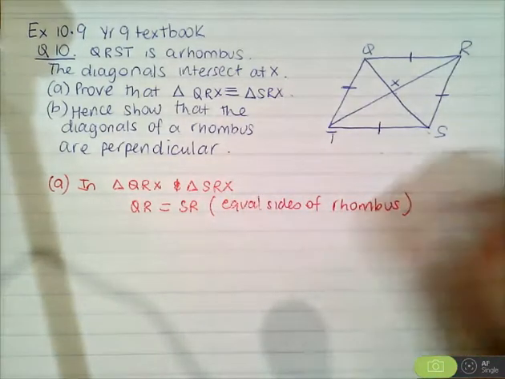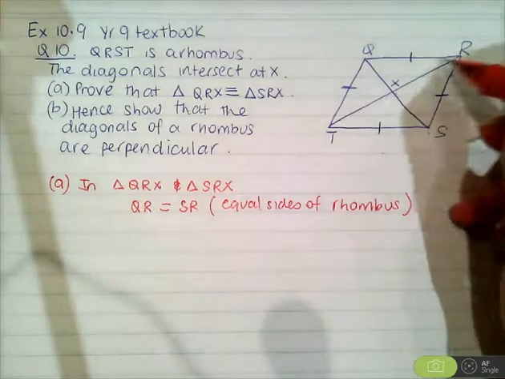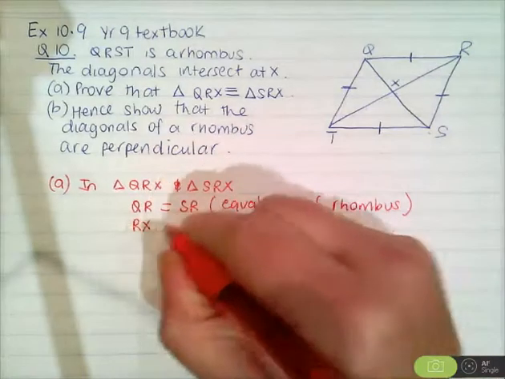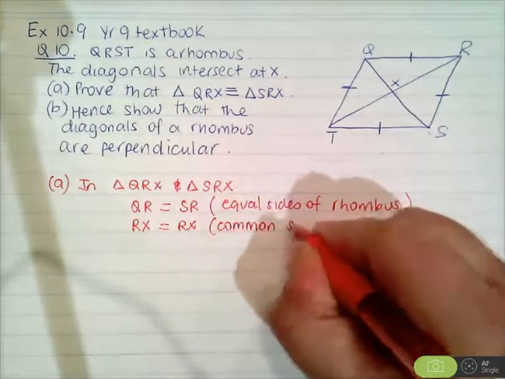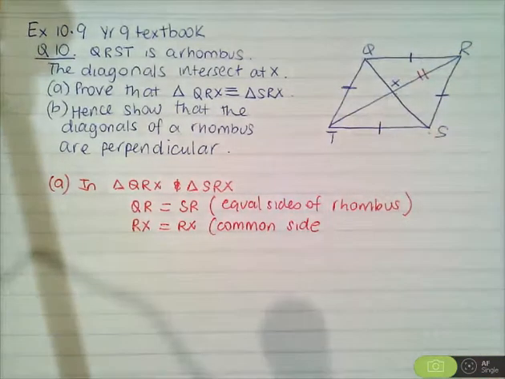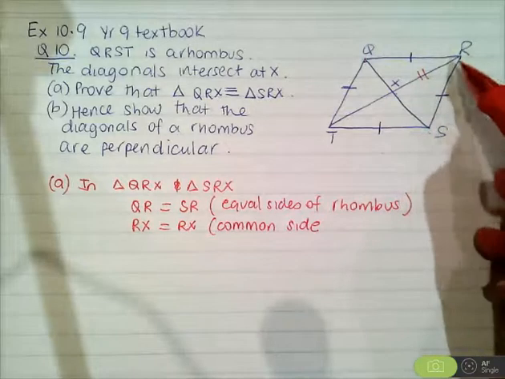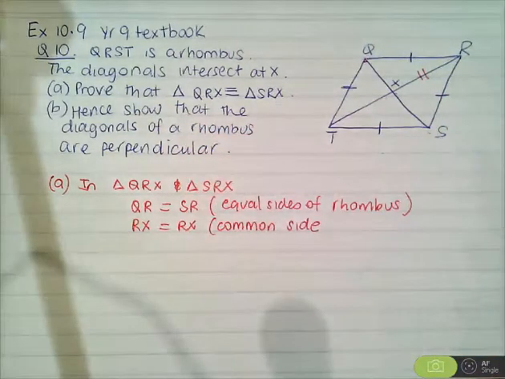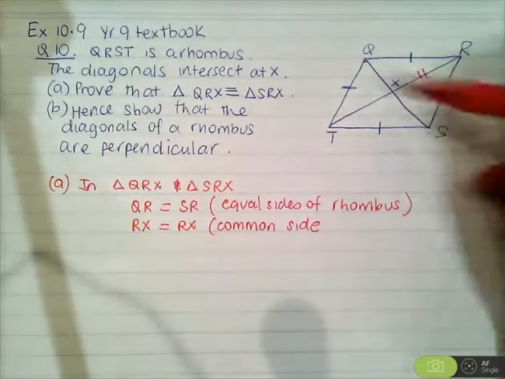Now we're going to have to look for something else. I can see here that we've got a common side, RX equals RX, common side. I'm just thinking we can do some other properties. There's lots of properties. We just can't use this property here. We know that diagonals of a rhombus bisect each other.